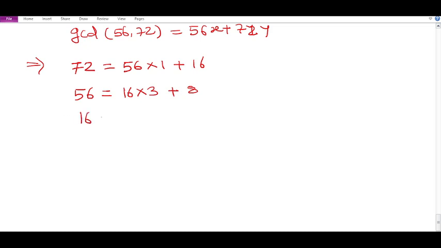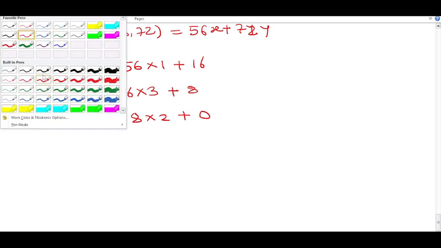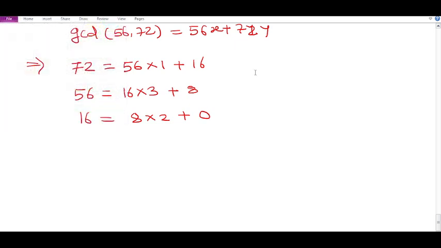Next, if we divide 16 by 8, then the quotient is 2 and the remainder is 0. So here we get remainder 0. So the GCD of 56 and 72 is equal to 8.